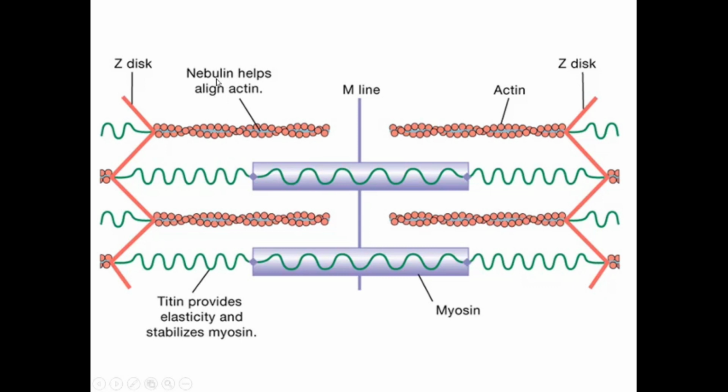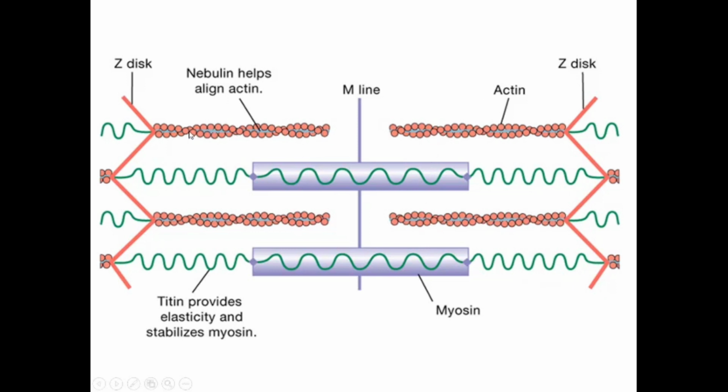You can see nebulin located along the thin filament, the actin. This protein attaches the thin filament to the Z disc and also determines the length of the thin filament. Without nebulin, the polymerization of the actin filaments continues and disorganizes the myofibril or the sarcomere structures.